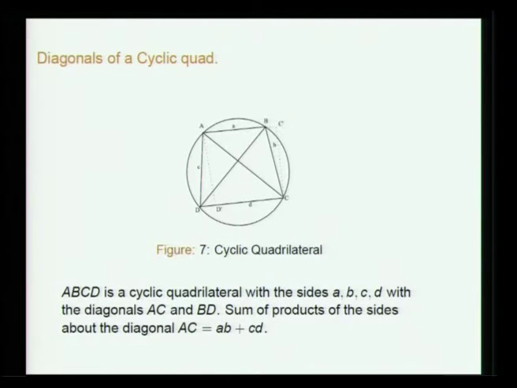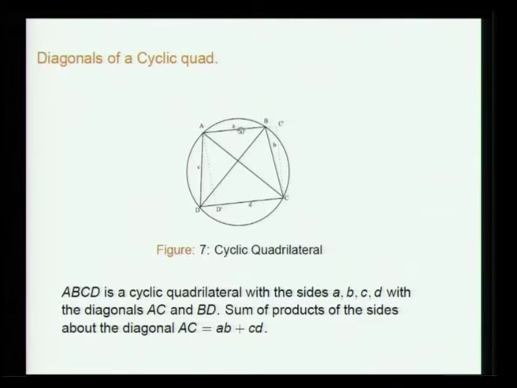So, this is a cyclic quadrilateral ABCD with sides AB, BC, CD and DA, and the diagonals are AC and BD. He talks about the sum of the products of the sides about the diagonal AC.